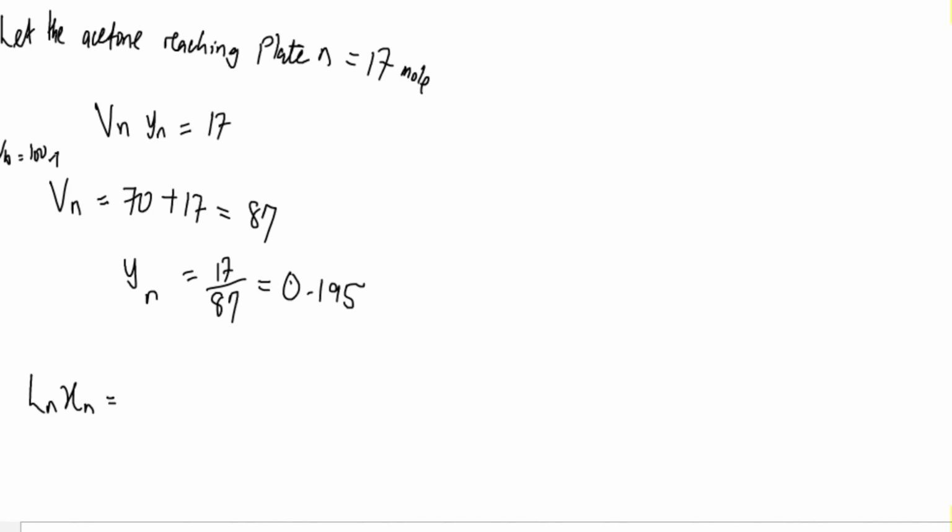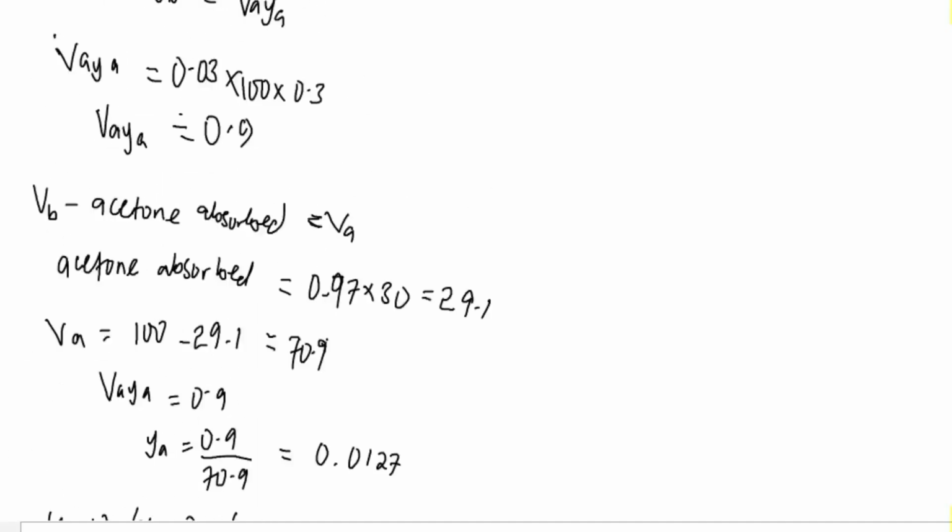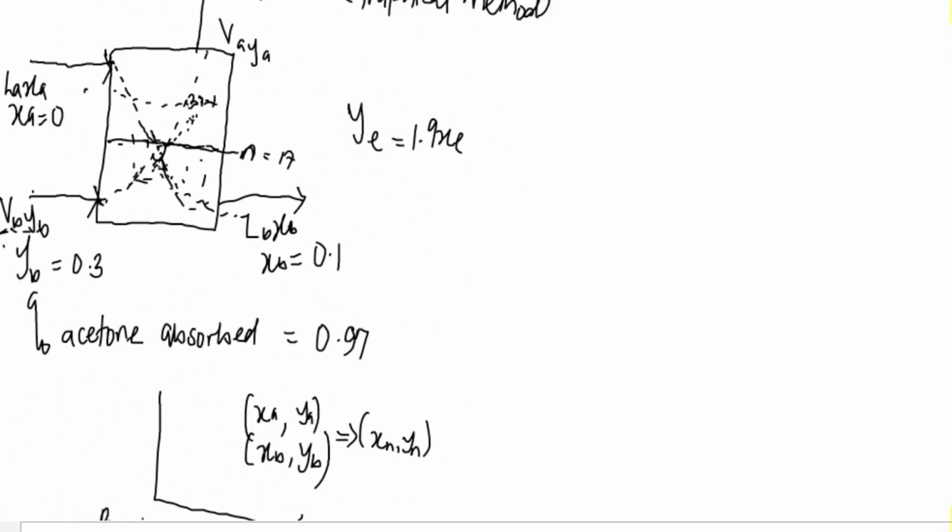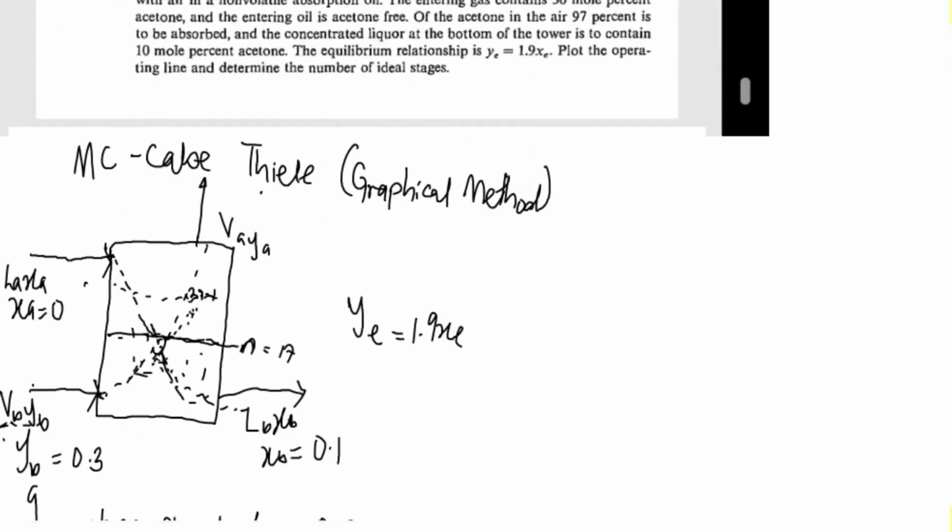My Ln Xn is going to be the acetone that reaches plate N minus the total acetone that leaves the column completely. So let's say here is my plate N, here it's VNYN, and here it's LNXN.